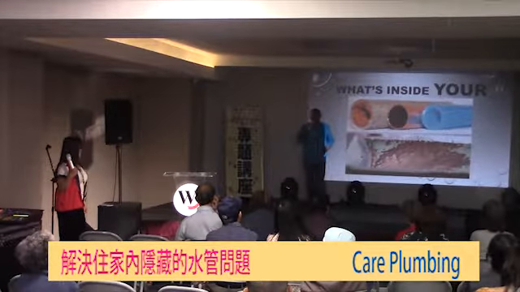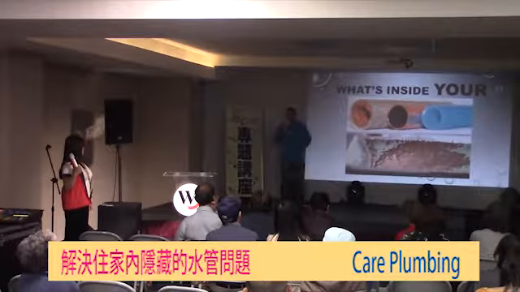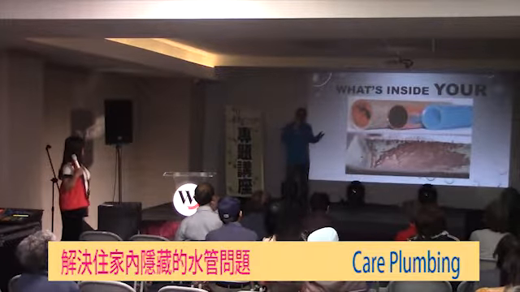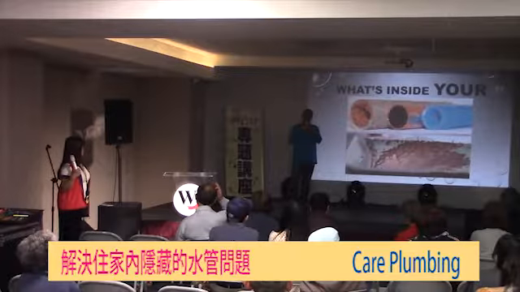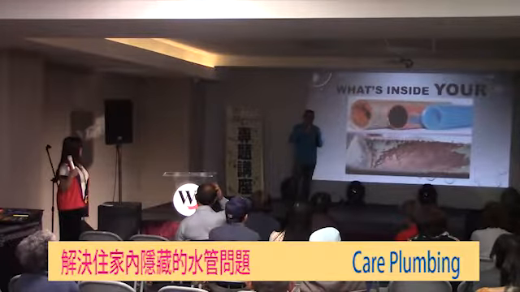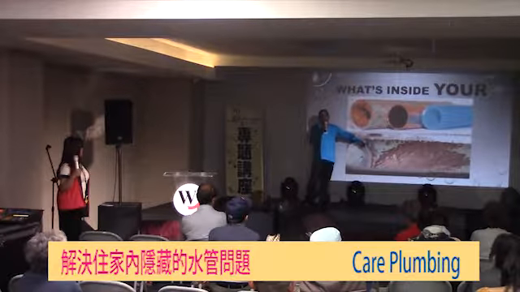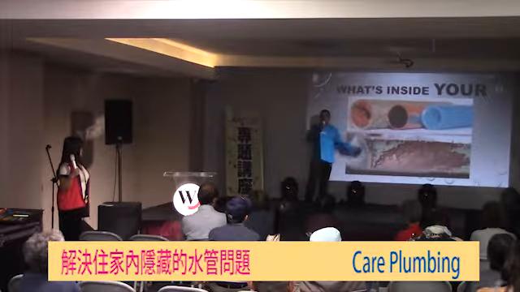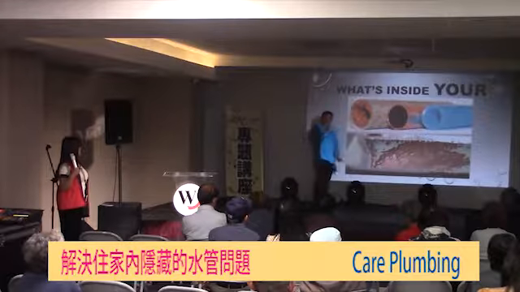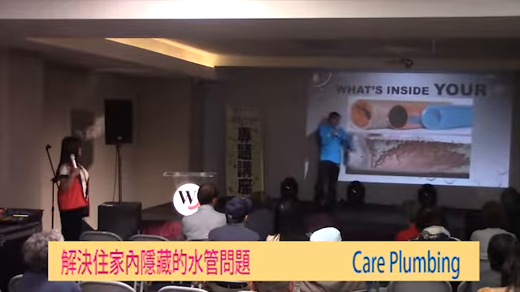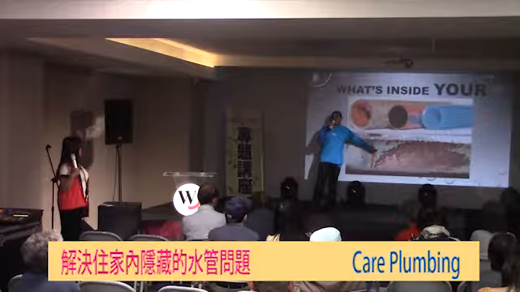PEX is the abbreviation. PE stands for polyethylene, and X stands for the way the molecules are cross-linked to one another. That's a copper pipe. On a previous picture where you saw water streaming out of it, if you cut the copper, this is what it looks like inside.